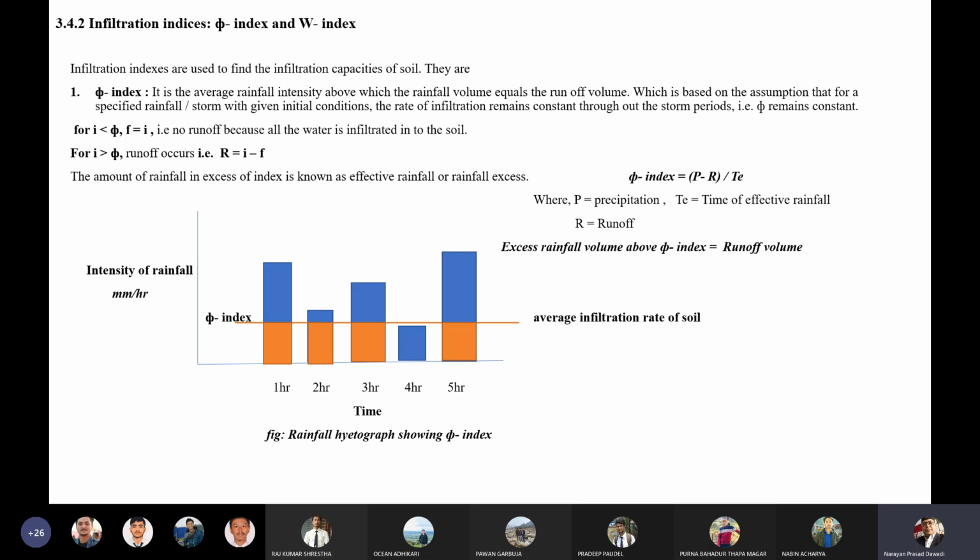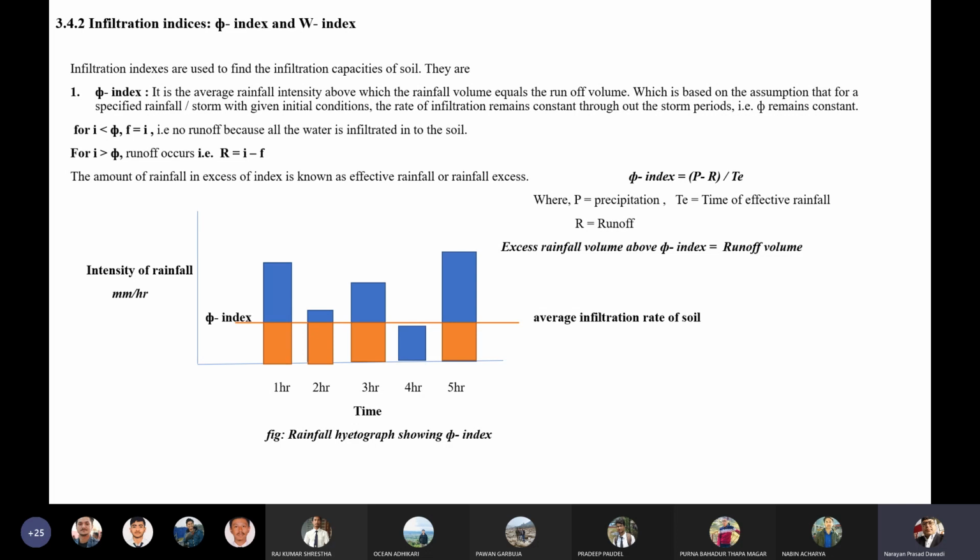That way, the water that is infiltrated into the soil, that infiltration portion, that rate is given by phi index. Above the phi index line, the excess rainfall volume gives the runoff volume.